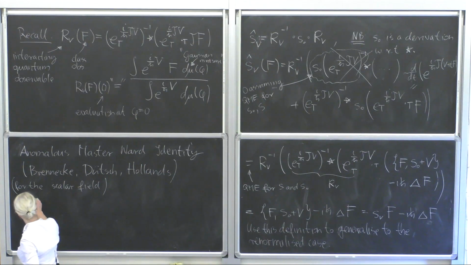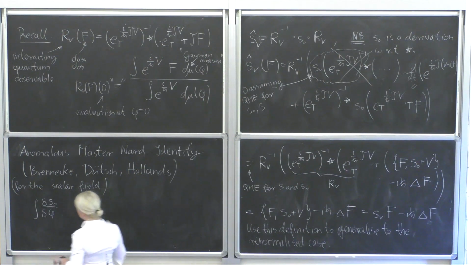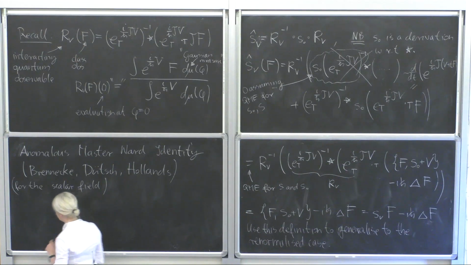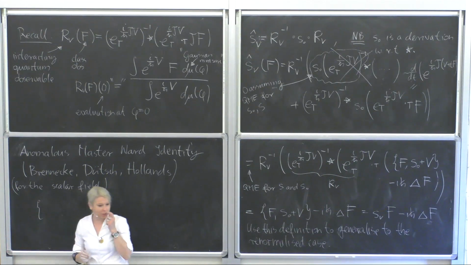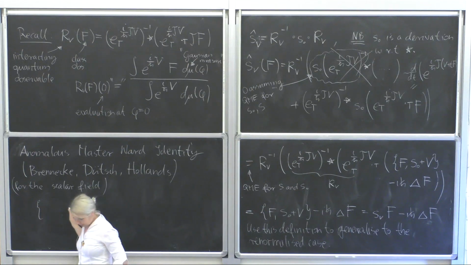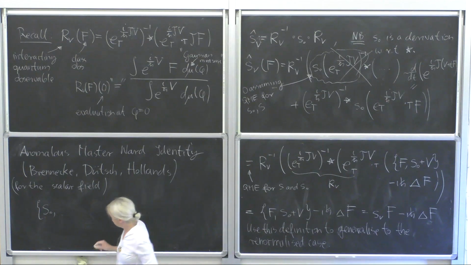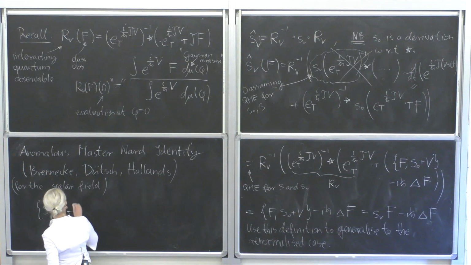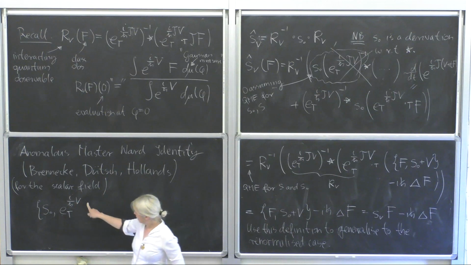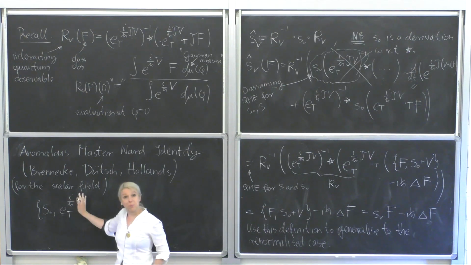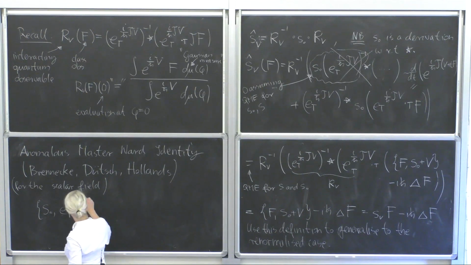For the scalar field, because we have all this BV machinery, it tells us what happens if I apply this classical BV operator to the S matrix of something, the time-ordered product.